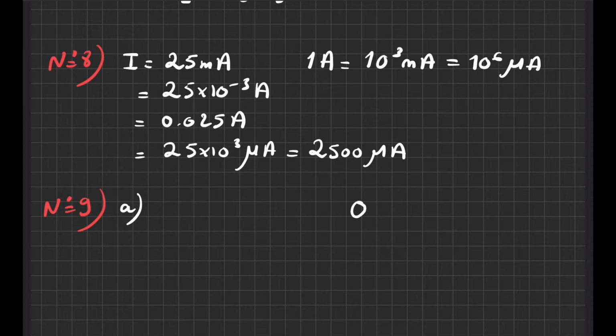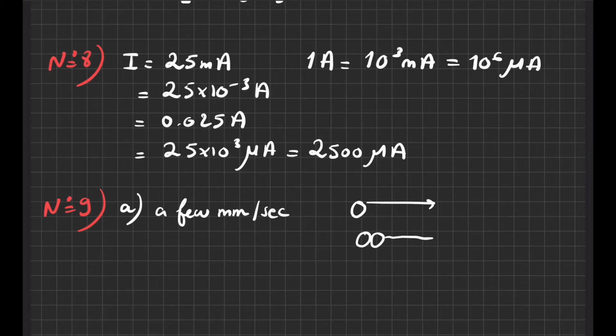But what happens is that it's not really the electron that moves all the way through the conductor, but each electron touches the other electron and so on. So the speed of the individual electron is just a few millimeters per second.